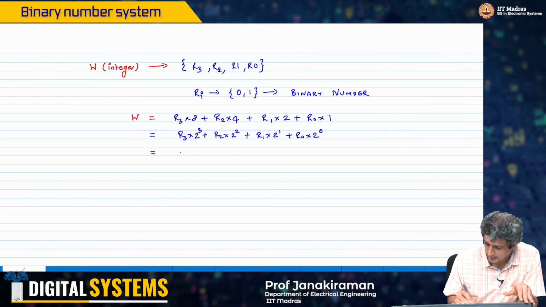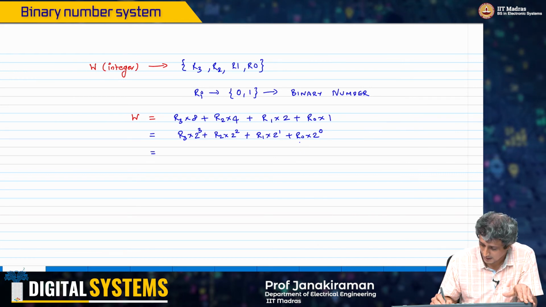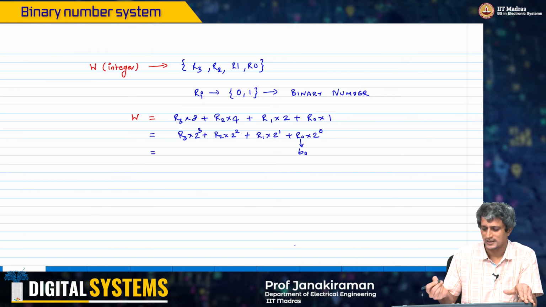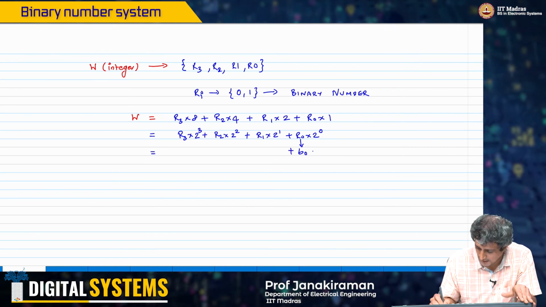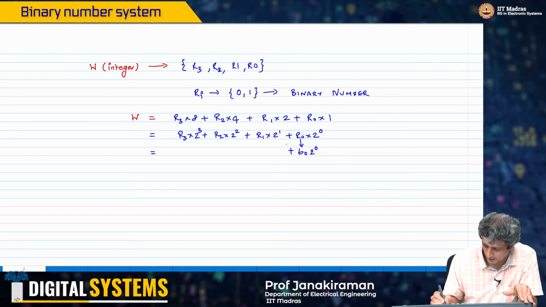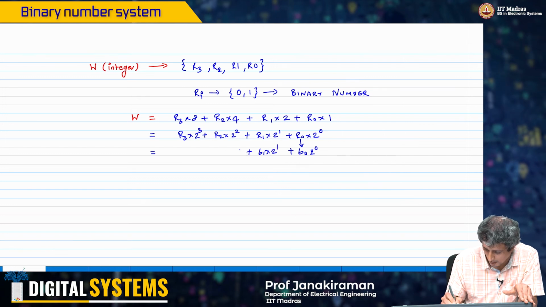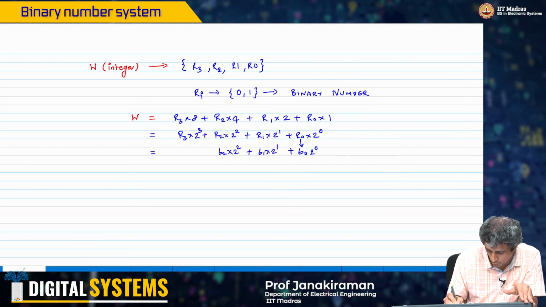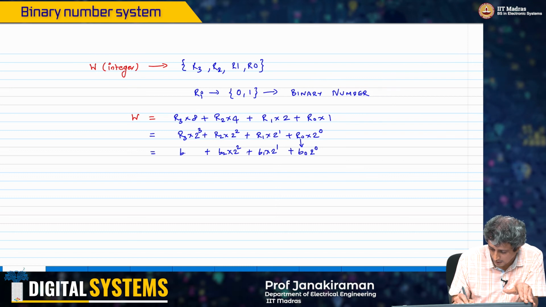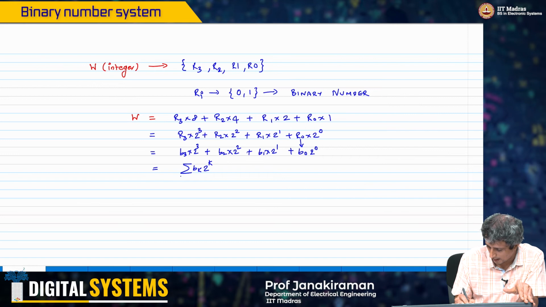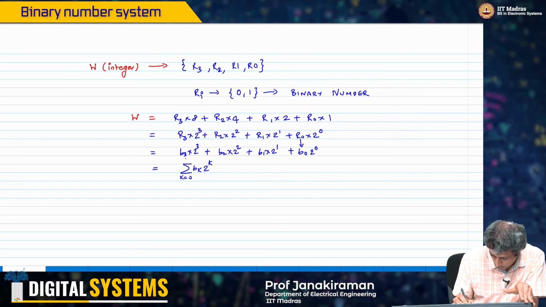So these R's are actually represented by B0 into 2 power 0, just to say that it is a bit, plus B1 into 2 power 1 plus B2 into 2 power 2 plus B3 into 2 power 3. So I can write this as the summation of Bk 2 power k, k equal to 0 to 3.